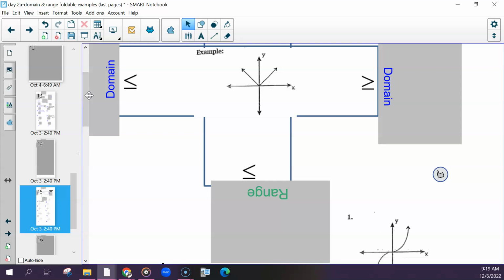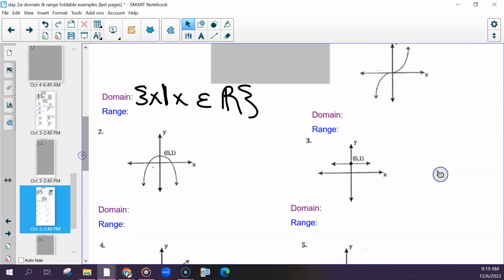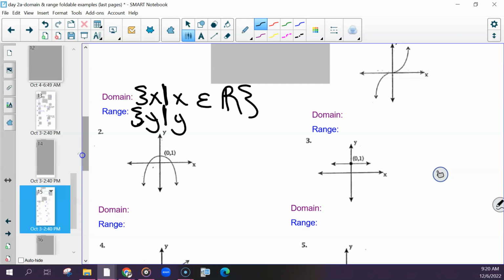So it starts at 0, and then these arrows mean it keeps going up and up and up forever and ever. It does not stop. So it's going to start at 0 and keep going toward infinity. So we would write that like this. Still curly brackets, y line. We can say that this graph is everything greater than or equal to 0. So y is greater than or equal to 0. That's how we would write it.